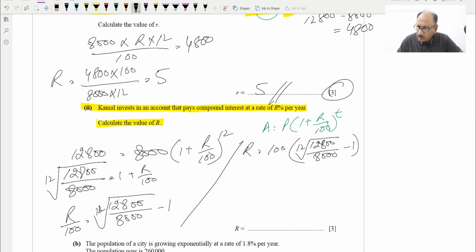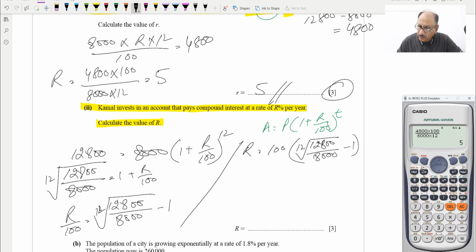And if you use the calculator now, it will give us the answer. So 100 into, this will be square root fraction, 12,800 over 8,000 and minus 1, bracket close. We missed the 12th root, so we have to change this to make it 12th root.